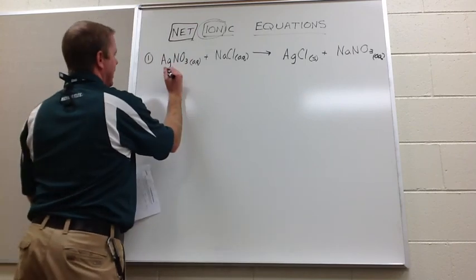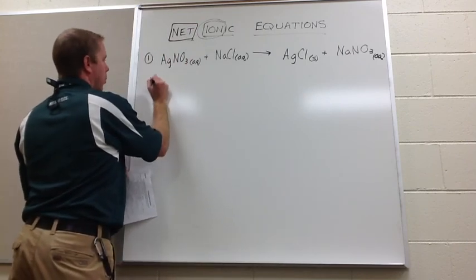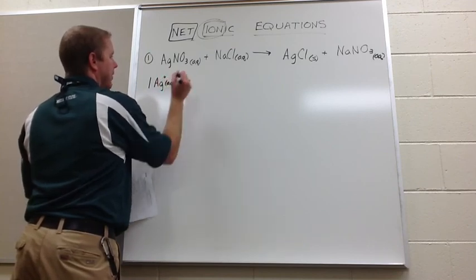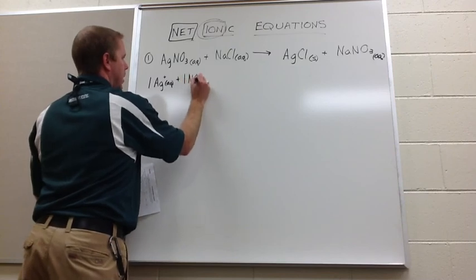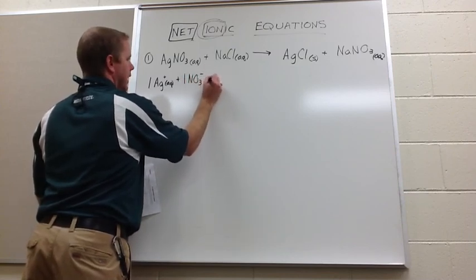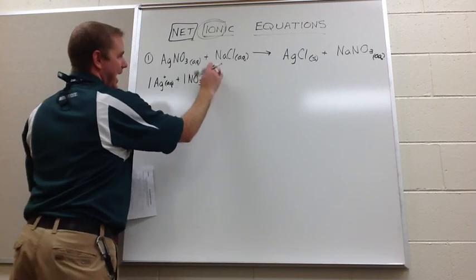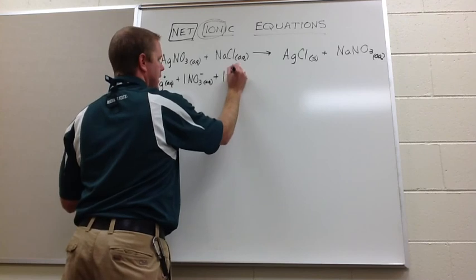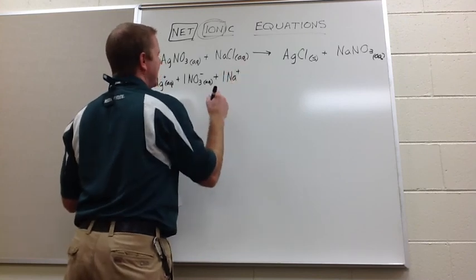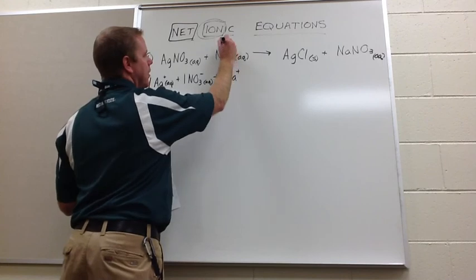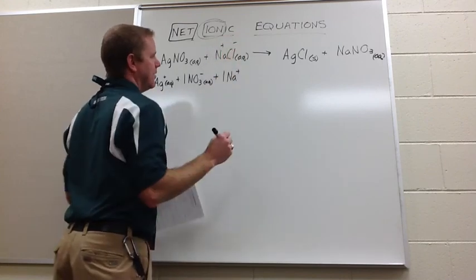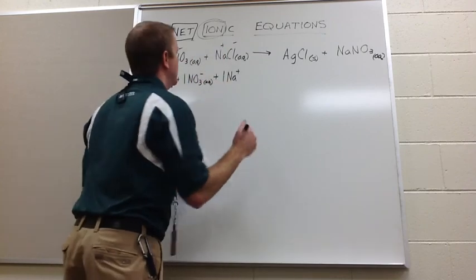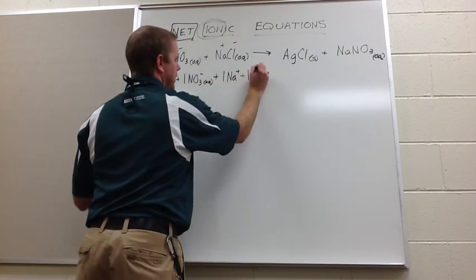So what ends up happening here is this AgNO3 breaks down into 1 Ag plus 1 aqueous ion in the water plus 1 NO3 minus aqueous ion in the water. And now NaCl, it's aqueous, so it breaks apart into 1 Na plus 1 ion. Now, where am I getting these charges from? Well, when this compound is formed, right, the charges have to cancel. So that's where I'm getting these plus 1s and minus 1s from. Okay? So, and 1 Cl minus aqueous.